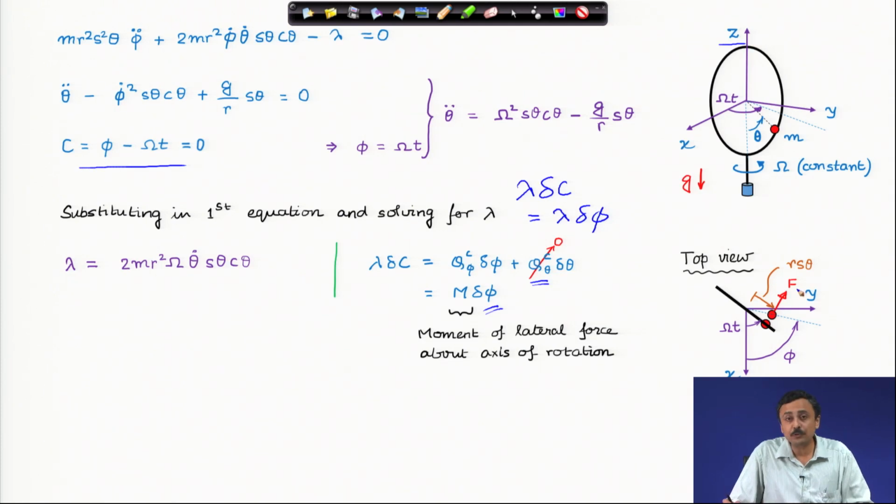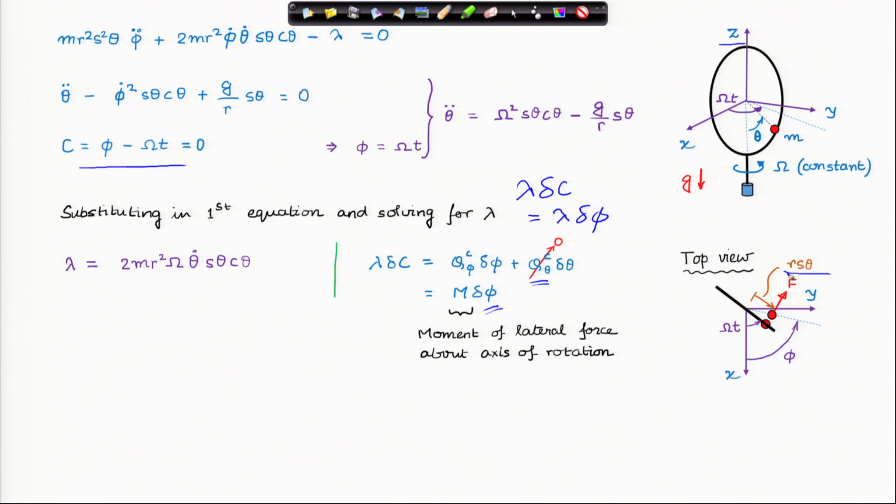We want to find out the force, lateral force, remember. Now, this lateral force produces a moment about the z axis, and how do I find that? I multiply this f by this radial arm, and how much is this radial arm? That must be the radius of the hoop times sin theta.